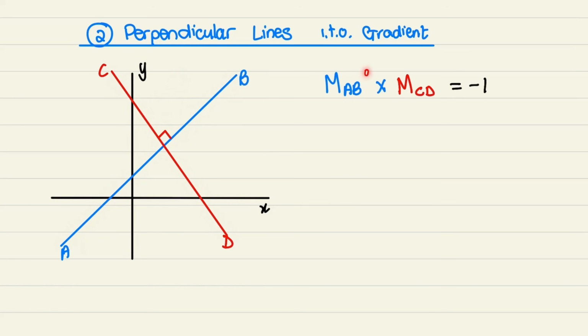In terms of gradients, the gradient of line AB multiplied with the gradient of line CD would produce a product of -1. So when we multiply gradients and the answer is equal to -1, then the two lines intersect at 90 degrees.